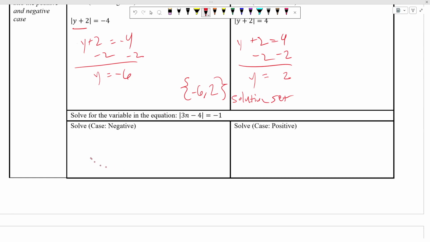So there is no negative distance. Negative number here, can't be negative, just like before. Can't have negative distance. That basically applies to both of these.